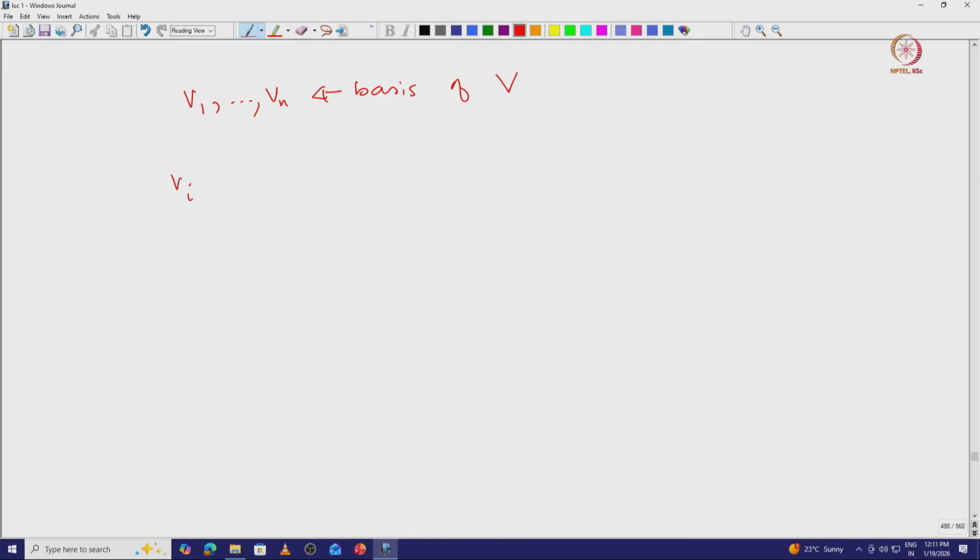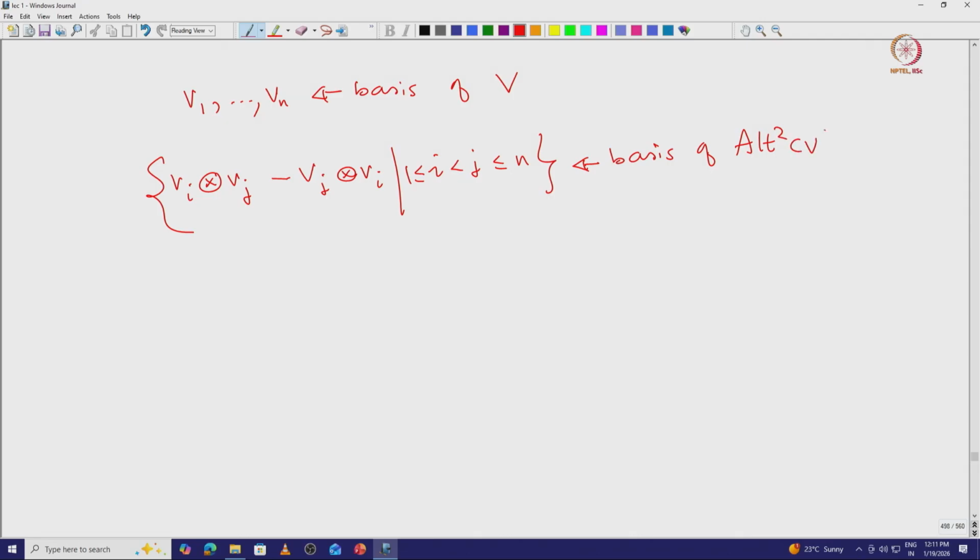You take vi tensor vj minus vj tensor vi, for all possible such differences with i less than j, where i and j come from 1 to n, and this is indeed a basis of Alt 2 V. That is easy to check, and it is not just a basis, it is indeed an eigenbasis.